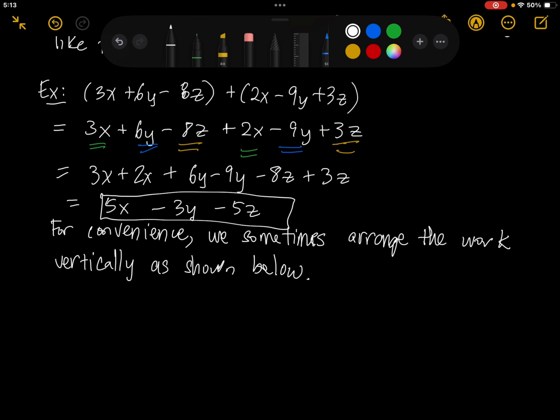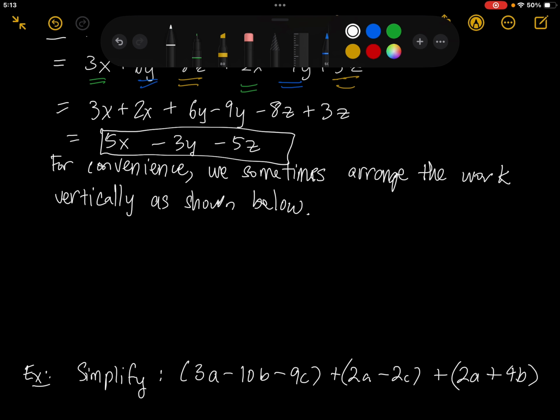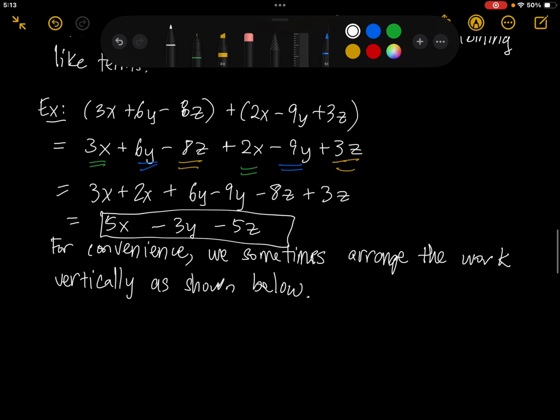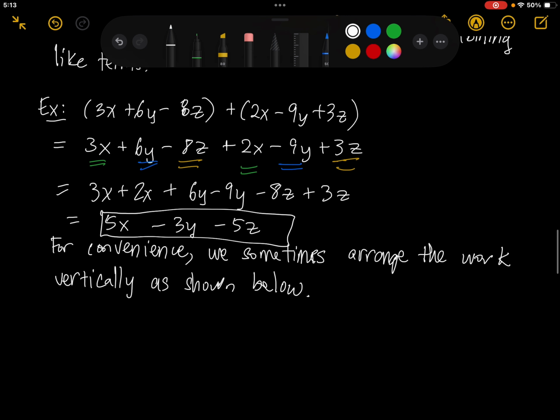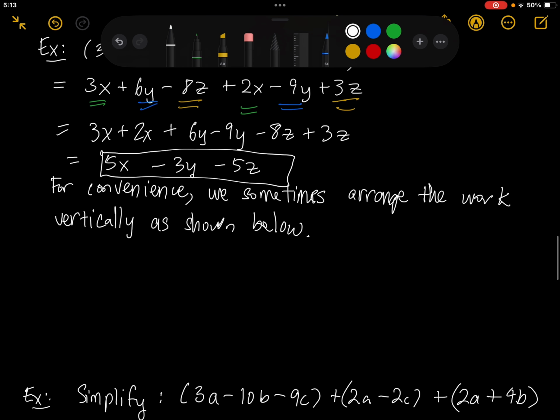For convenience, we sometimes arrange the work vertically. So what I did was fine, but sometimes you might find it easier to rewrite it like this. So I take 3x plus 6y minus 8z. That was my first polynomial. And now I'm adding 2x minus 9y plus 3z.